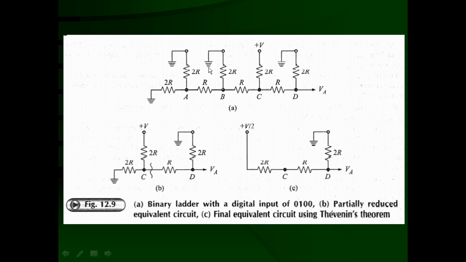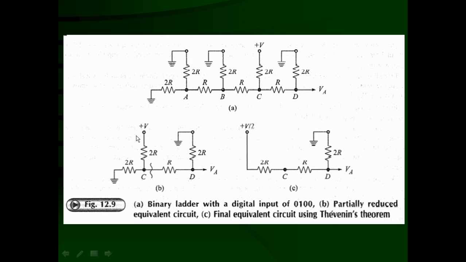That means this network A can be reduced to network B. From C toward the terminating resistance is going to be 2R, and toward the digital input also it is going to be 2R. This we can consider a voltage divider circuit, and here the equivalent resistance is going to be R. By considering this, V is going to be connected to the ground.